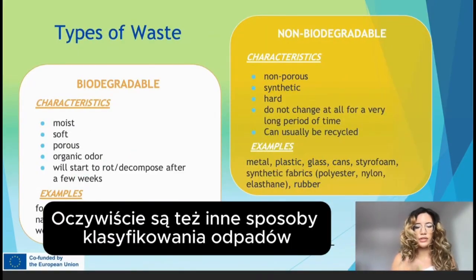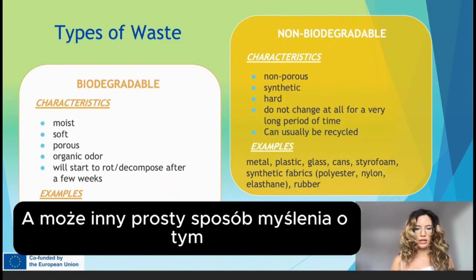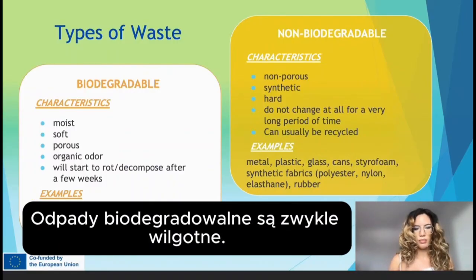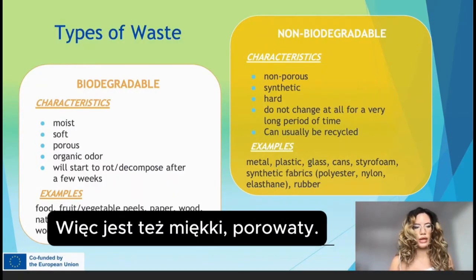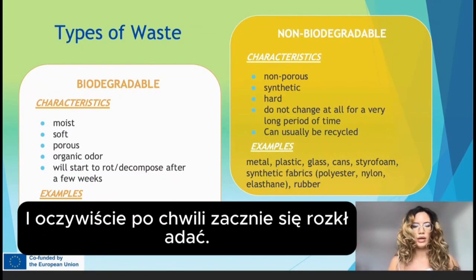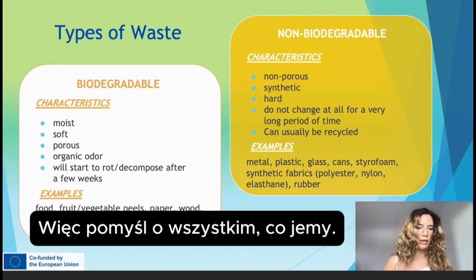Of course, there's other ways to classify waste as well. And maybe another simple way to think about it would be biodegradable and non-biodegradable. The biodegradable waste is usually moist, so it is also soft, it's porous, it is giving off an organic smell, and it will, of course, start to decompose after a while. So think about everything that we eat.